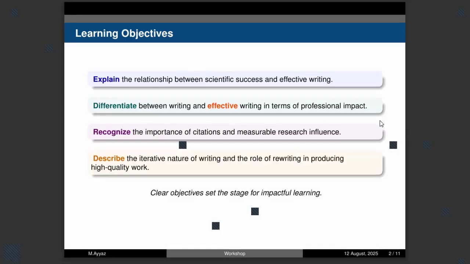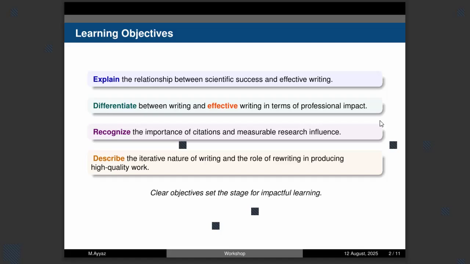So in this lecture, you will learn many things such as the relationship between scientific success and effective writing, and you will see that these two things are closely correlated with each other. And you will see what is the difference between writing and effective writing in terms of professional impact.